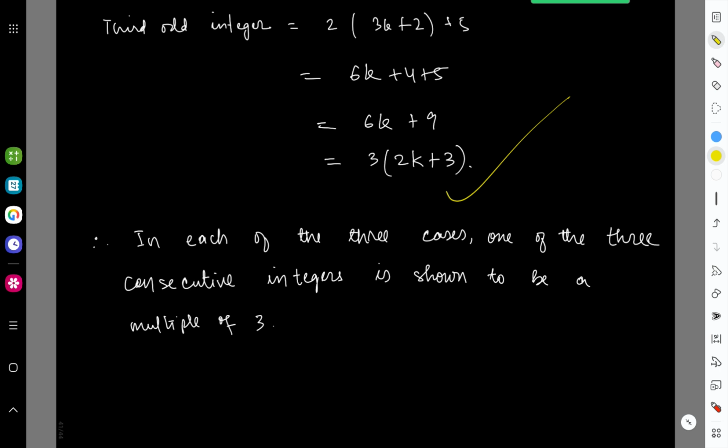And since we are talking about 3 consecutive odd integers, we have taken the general form 2n plus 1, 2n plus 3 and 2n plus 5, and we were able to prove that one of the 3 consecutive odd integers is a multiple of 3. Give your conclusion, and we are done with question number 10.